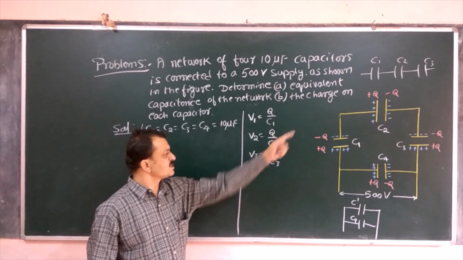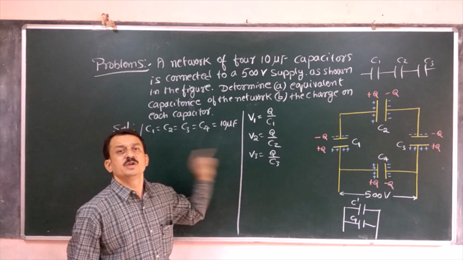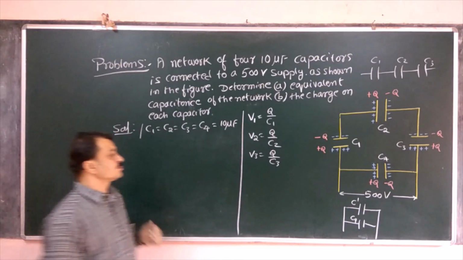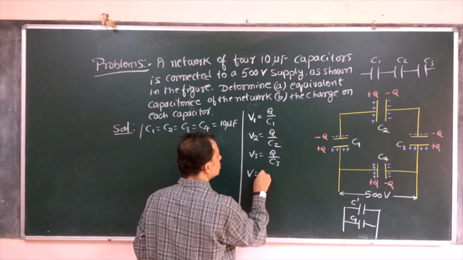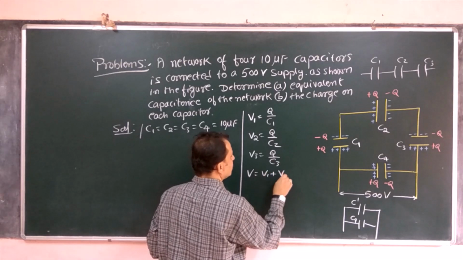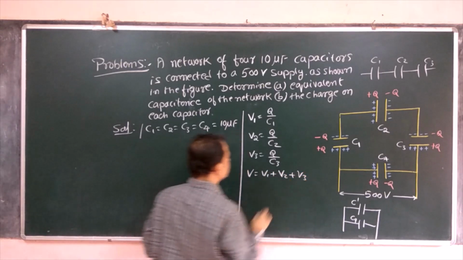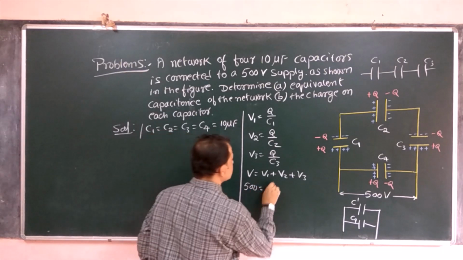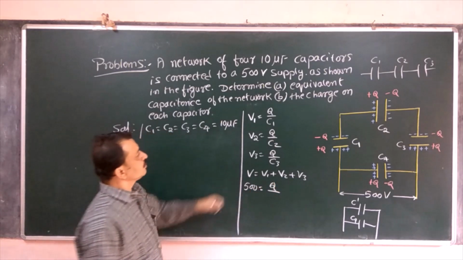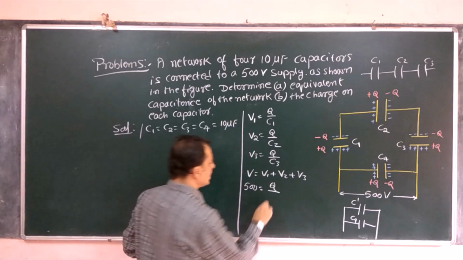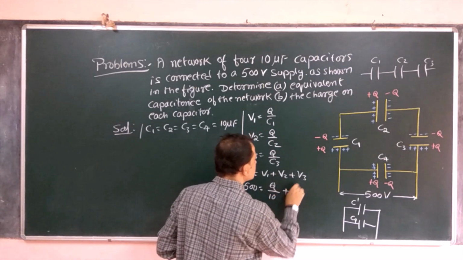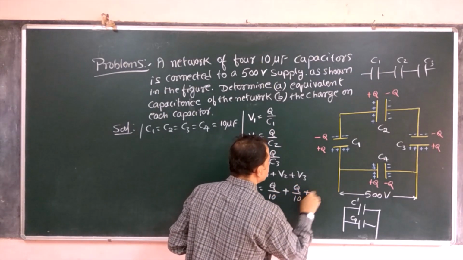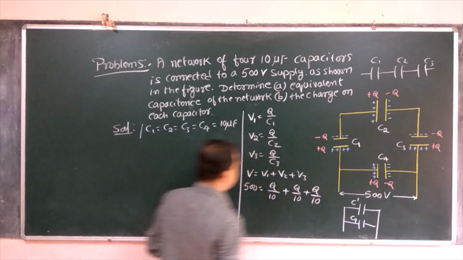That 500 volt is equal to the sum of the individual potential drops. Therefore V is equal to V1 plus V2 plus V3. Now this is 500. V1 is Q by C1. What is the value of C1? It is 10 microfarad. Plus Q by 10 plus Q by 10.